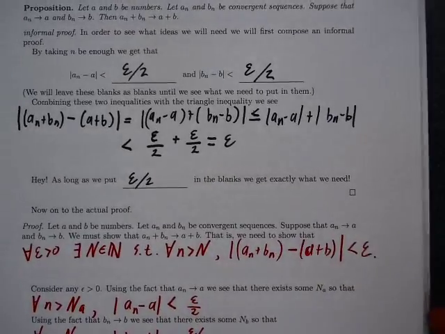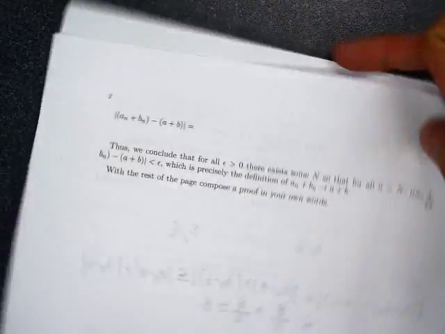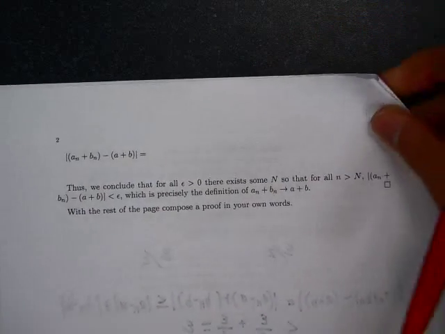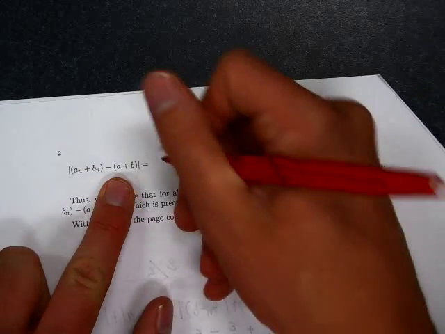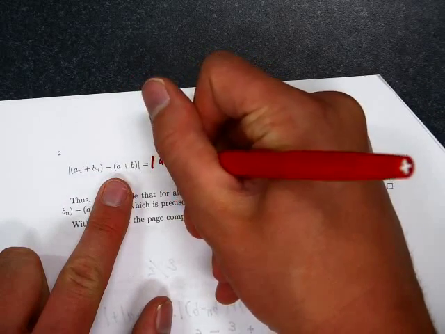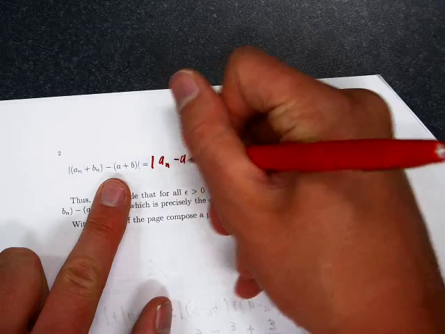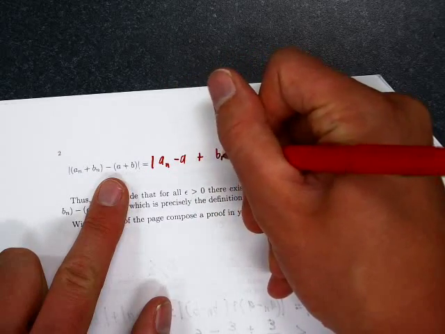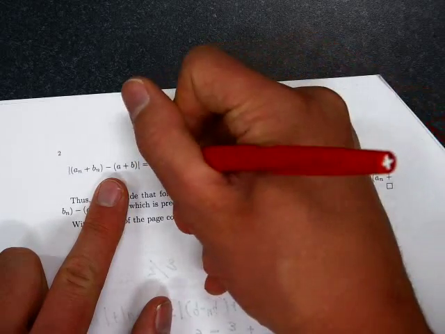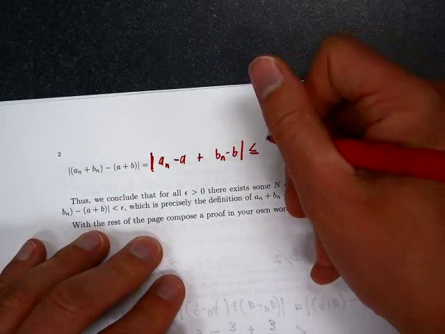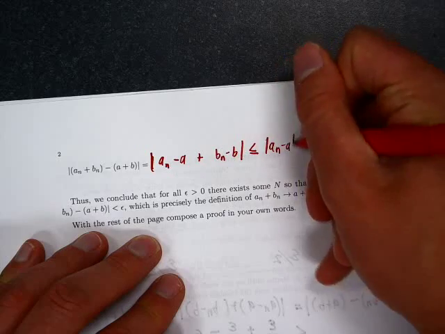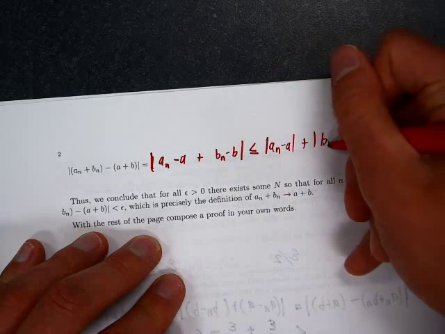And I think I've given myself space on the next page. So we can put these two things together in exactly the same way as we did on the previous sheet to conclude that the absolute value of a sub n plus b sub n minus a plus b is equal to the absolute value of a sub n minus a plus b sub n minus b. By the triangle inequality, that's less than or equal to the absolute value of a sub n minus a plus the absolute value of b sub n minus b.